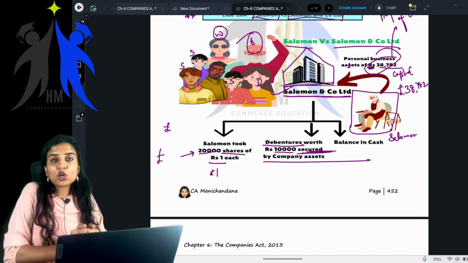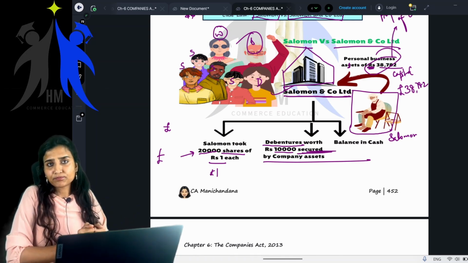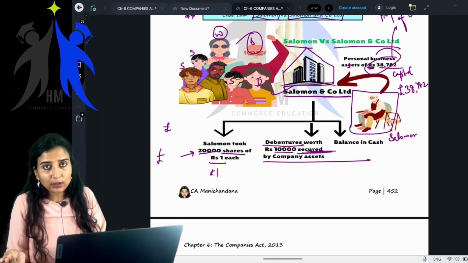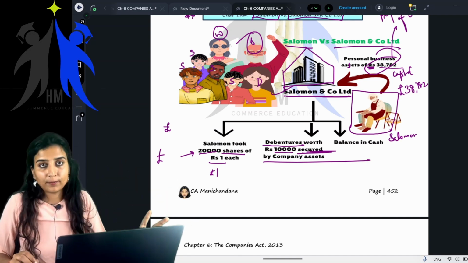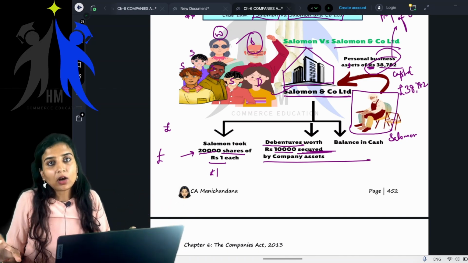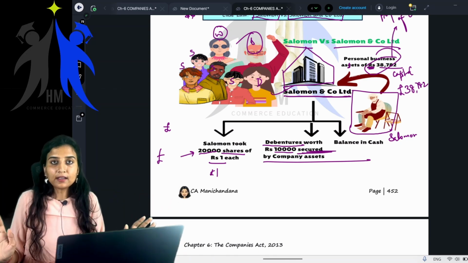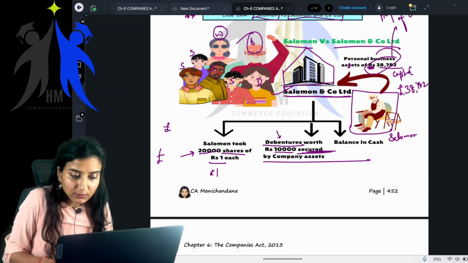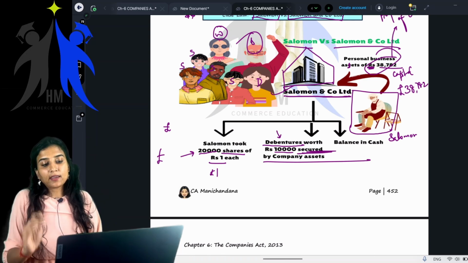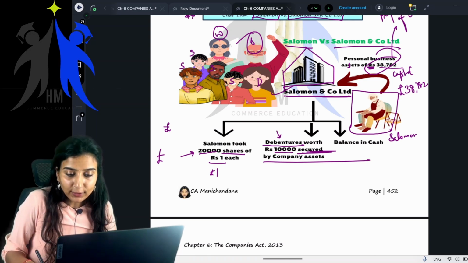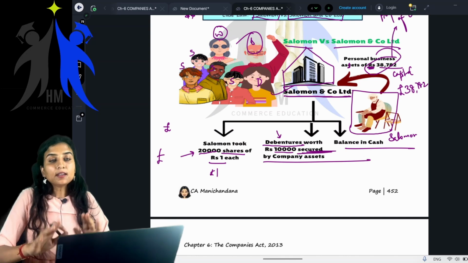If the company cannot repay the loan, the assets will be sold and the amount will be paid to the secured debenture holder. Getting it? Simple, easy. So what kind of debentures were these? Secured debentures, secured by the company's assets. Clear? Okay. Next, the balance he took in cash.